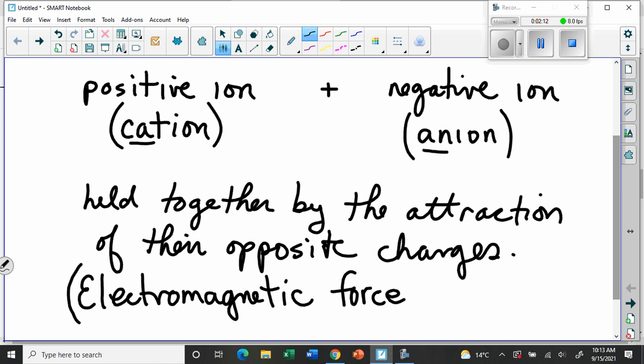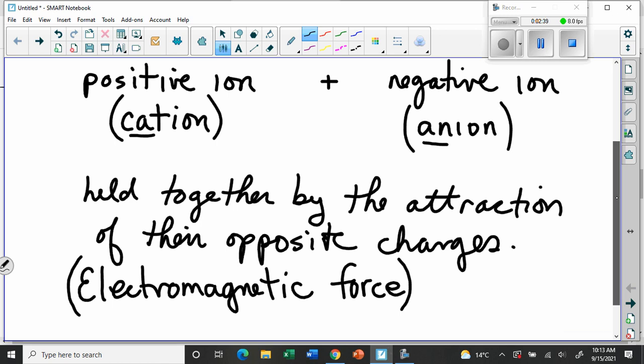It's the force that causes a cation to be attracted to an anion, or a positive charge to be attracted to a negative charge. And it's quite a strong force. It's actually the one major force that influences most of our daily lives, and everything that we do involves this force in some way, shape, or form.